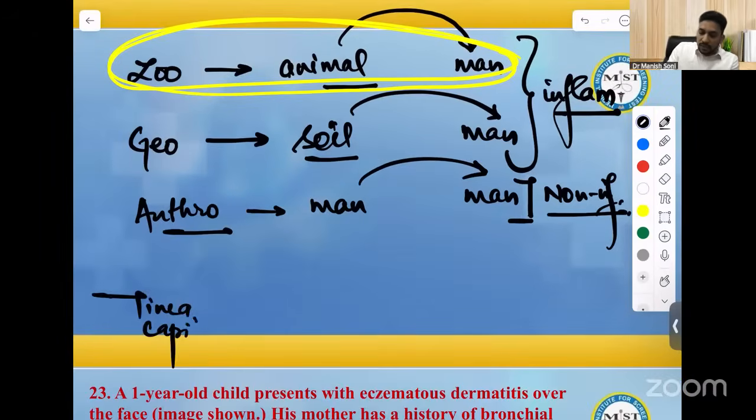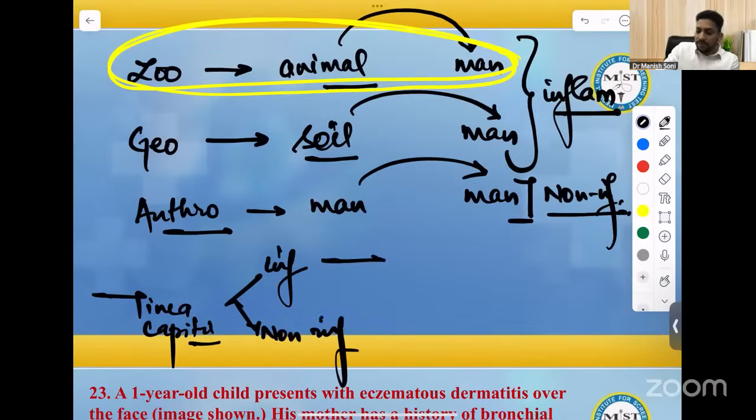We have already written in the notes: inflammatory, non-inflammatory. Examples of inflammatory are kerion and favus, and non-inflammatory are black dot and gray patch.